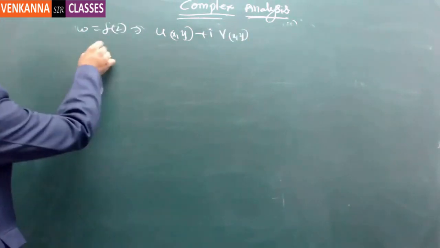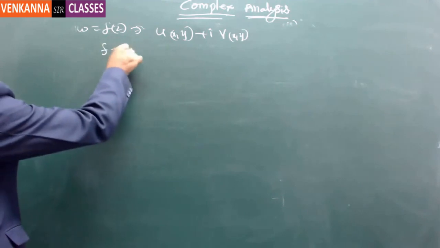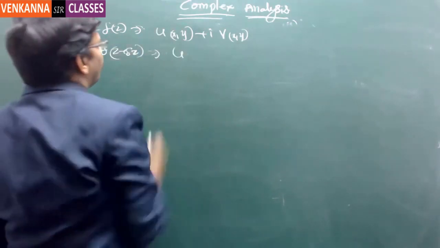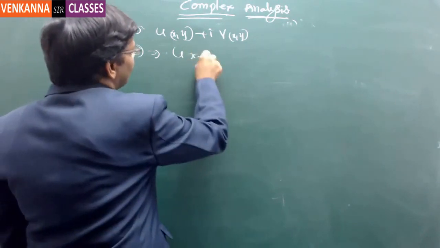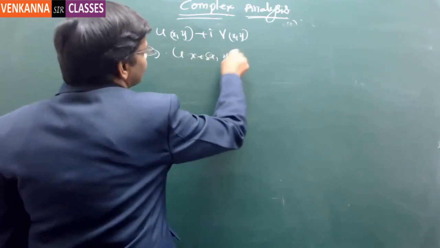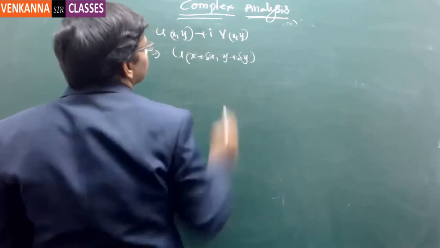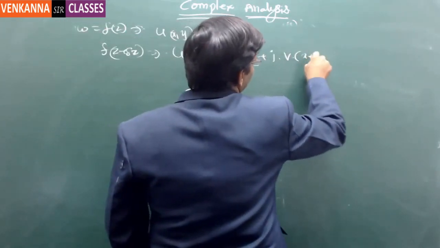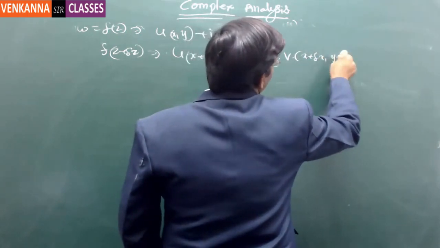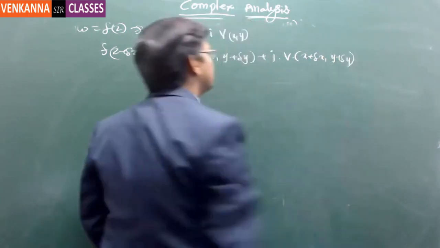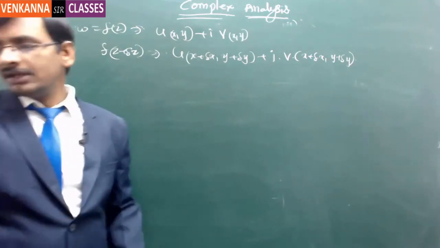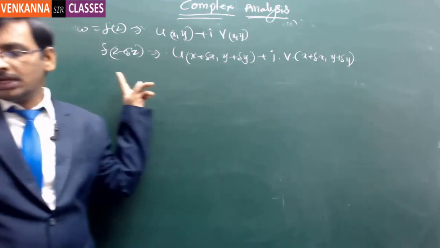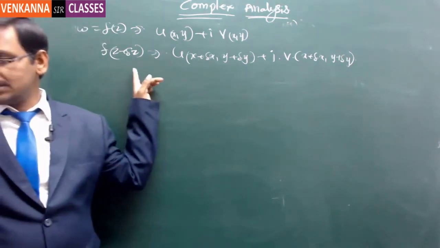Now f of z plus delta z, for this particular function, u became u of x plus delta x, y plus delta y, plus i times v of x plus delta x, y plus delta y. So this is the functional change. That means for each variable there will be a minor change, delta x and delta y, right? So then only it will reflect the function value f of z plus delta z.